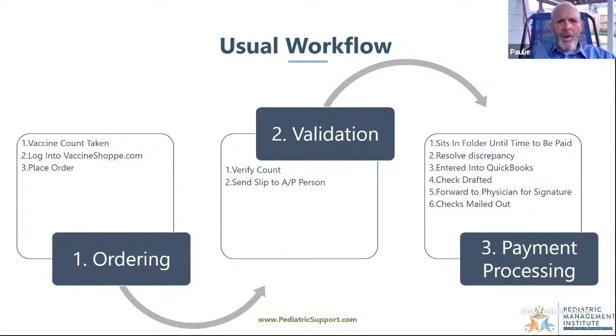We need to look at that process and make sure that as we order it, number one, we're ordering only what we need. But then we also make sure that what came in matches the invoice that's going to come down the road. So you need to look at those internal processes to make sure that we're paying the right amount.